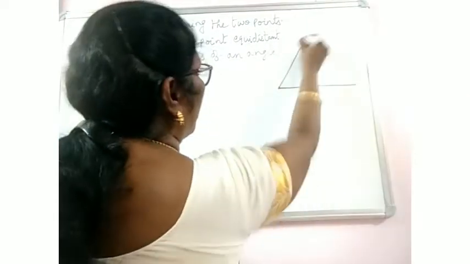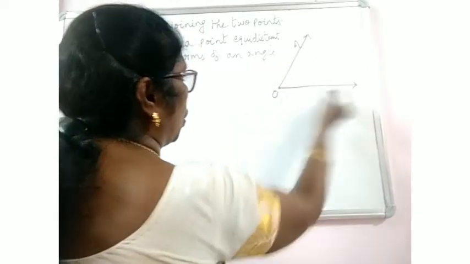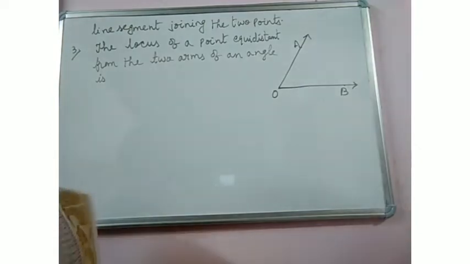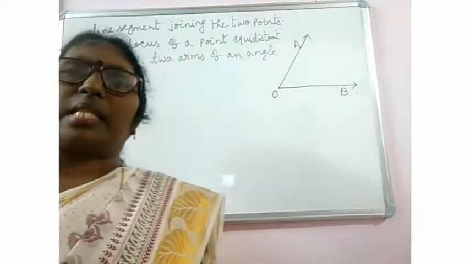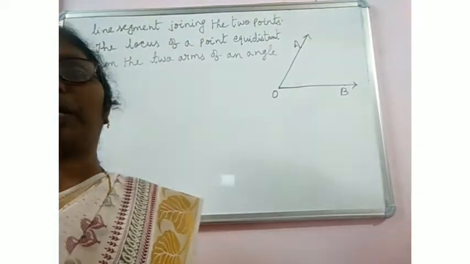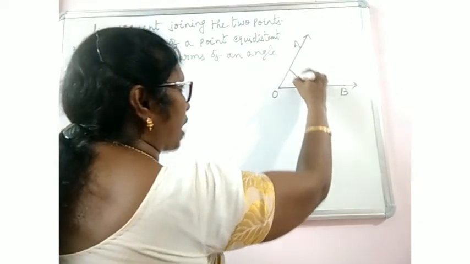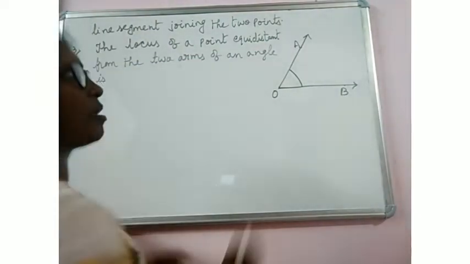If this is an angle, let me name this angle as AOB. What is the locus of a point equidistant from these two arms of the angle? Whenever we say distance, that is the perpendicular distance. It is the bisector of the angle formed by these two arms.